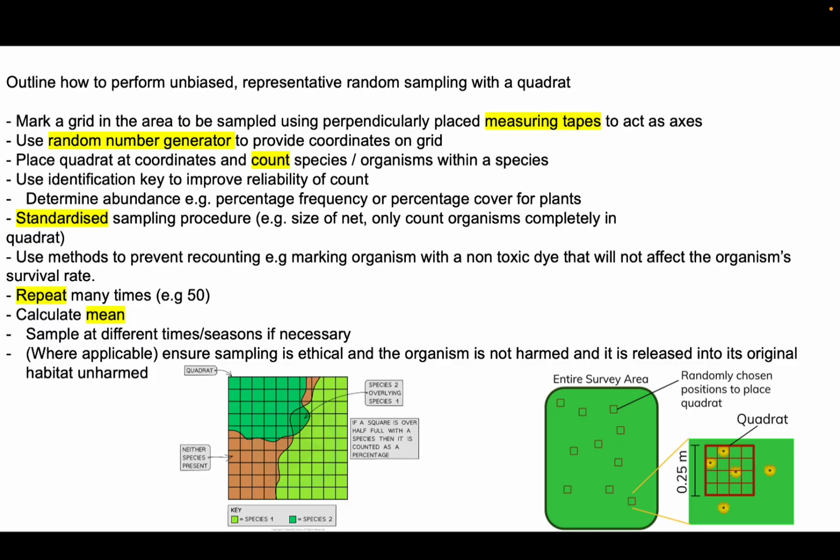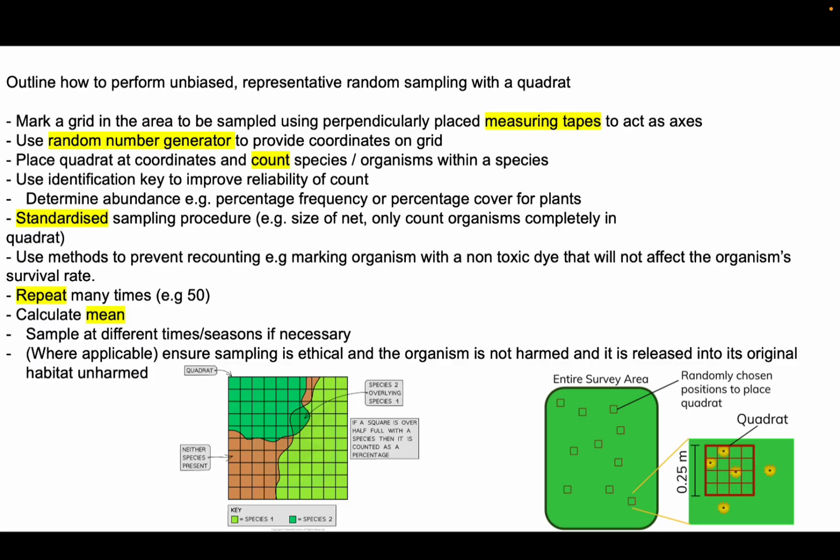Then you could use an identification key to improve the reliability of your count. For example, if you're looking at flowers and in that area there happened to be two different species of flowers which looked very similar, you could use an identification key to make sure that you are actually counting the flower that you're interested in.